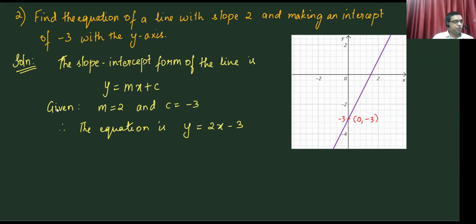Then 2-point form, double intercept form. 2-point form of the straight line. Next question we'll do.